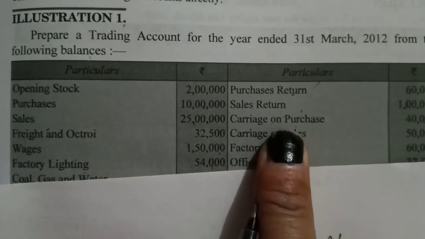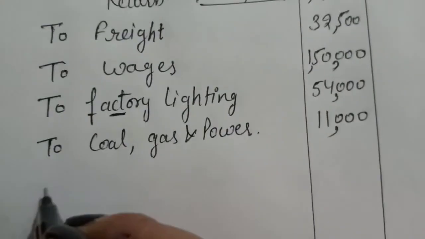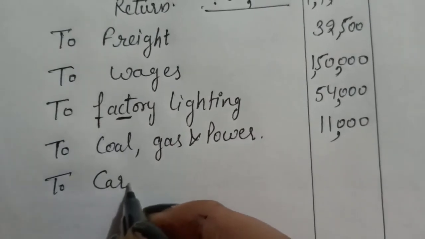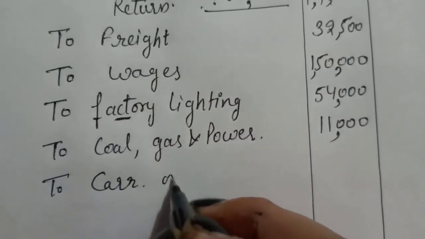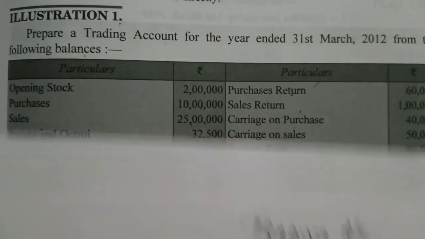Carriage on purchase. Carriage on purchase will also be recorded on the debit side of trading account. So you will write here "To carriage on purchase". How much is it? It is 40,000.